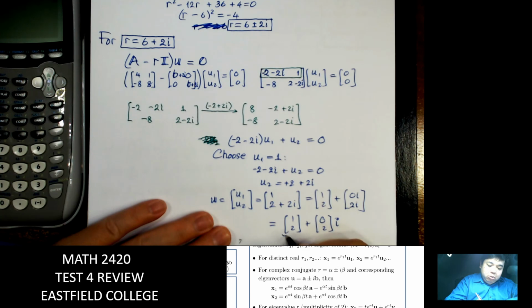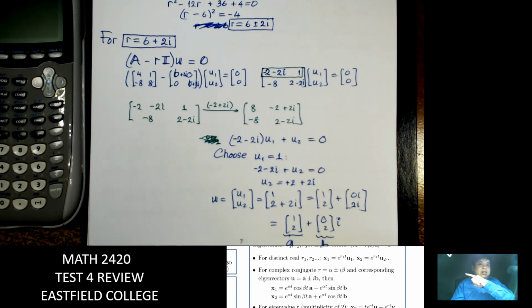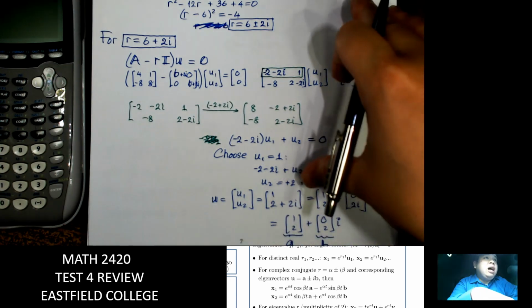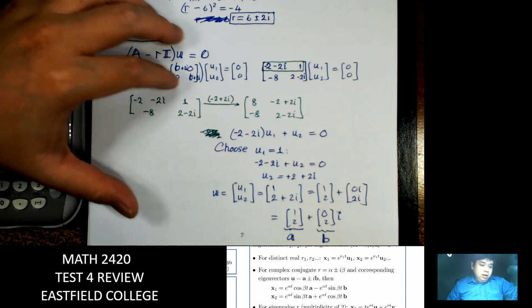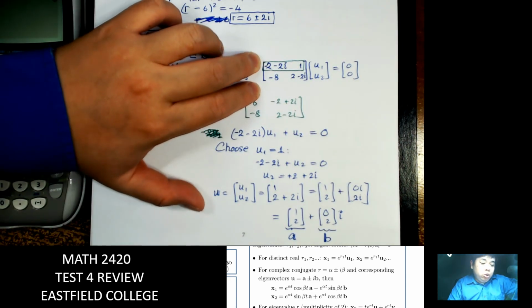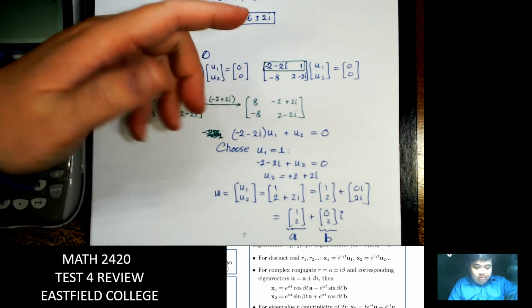So this pretty much is the A and B in the formula on that side. The reason that we can do this for the complex number is because those two rows are linearly dependent. One is the multiple of the other, so we just need to do that.